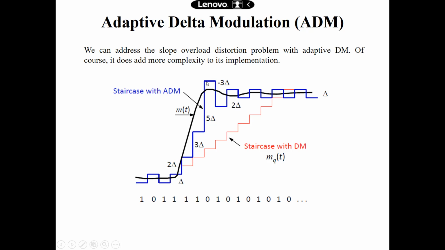And when it sees that it's coming down again, in order to do it adaptively, it reduces the step size, depending upon the change there, maybe -3 delta, 2 delta, and so on. If you just follow the staircase method, it will be something like this, and you can see there will be a lot of slope overload distortion.